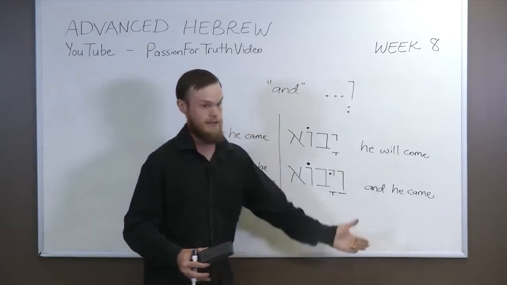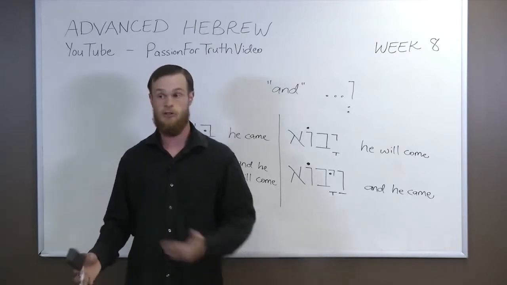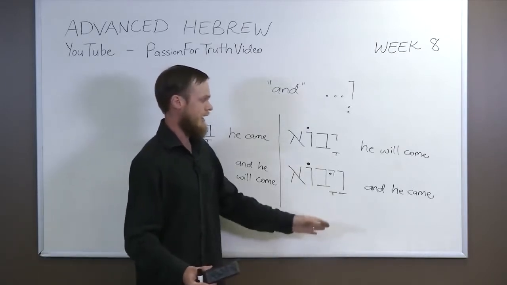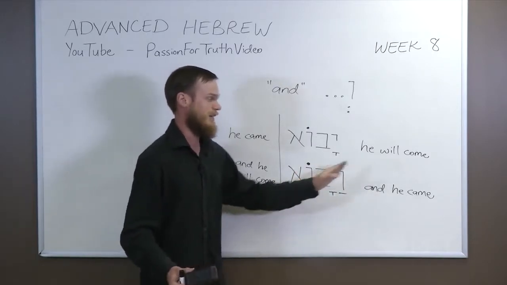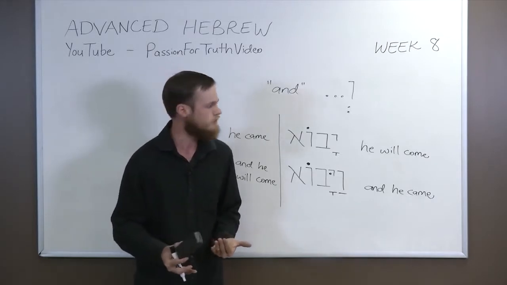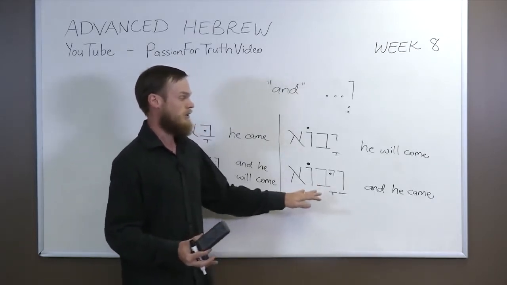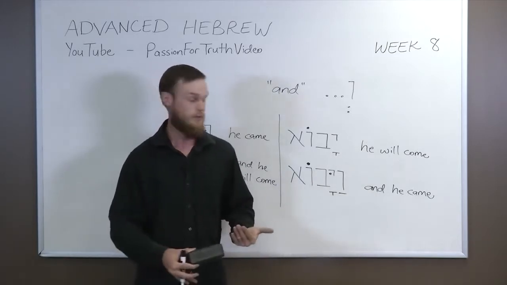Okay, so, and this happened, and that happened, and that happened, and he did this, and she did that. Okay, we're always going to have this continuity with the vav, and then our future tense form, but it means the past tense. Okay, that's going to just be very consistent. But we're already talking about the past tense at that point, so it just kind of rolls over.